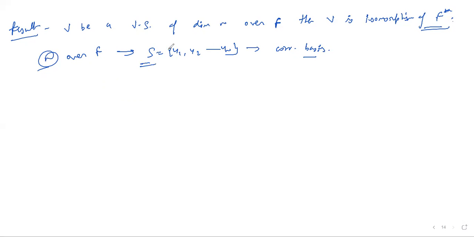Now what does basis mean? Basis means that every vector of V can be represented as a unique linear combination.